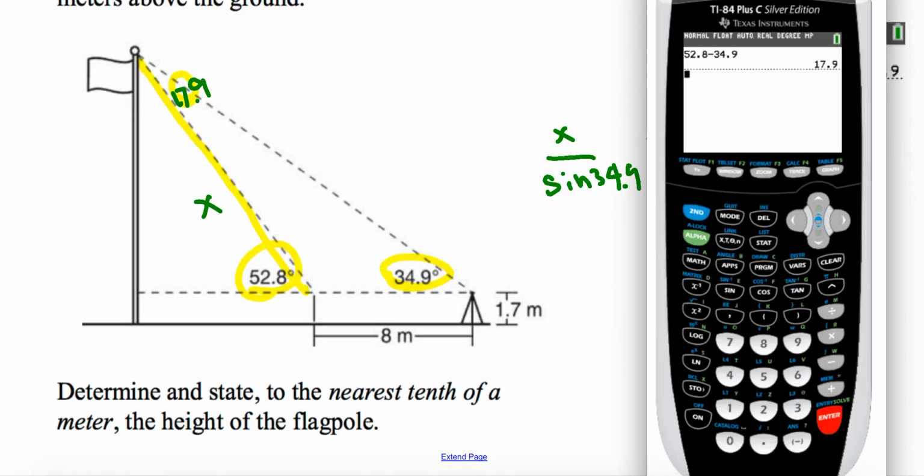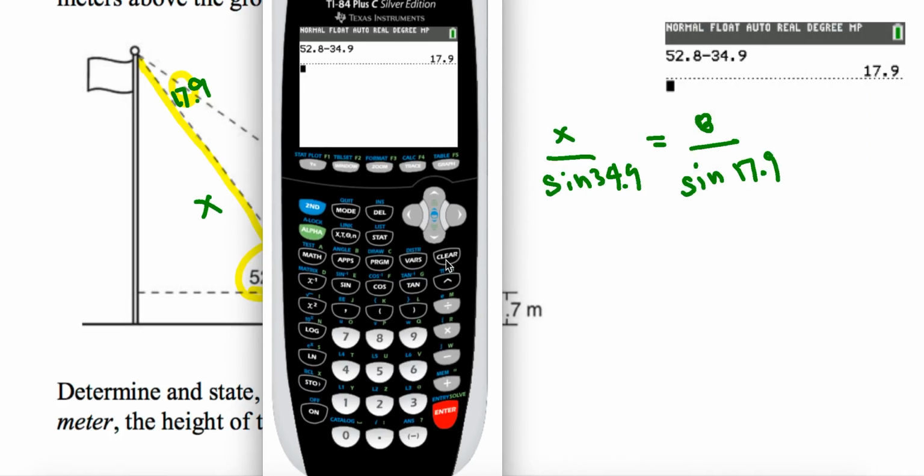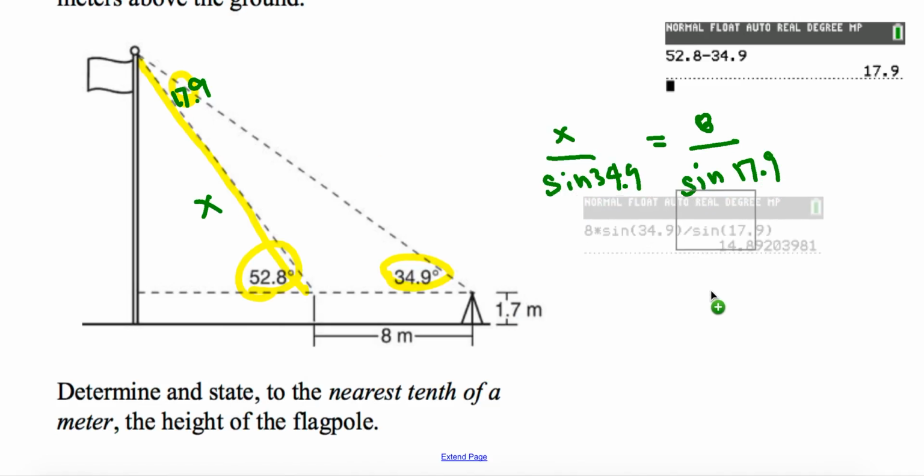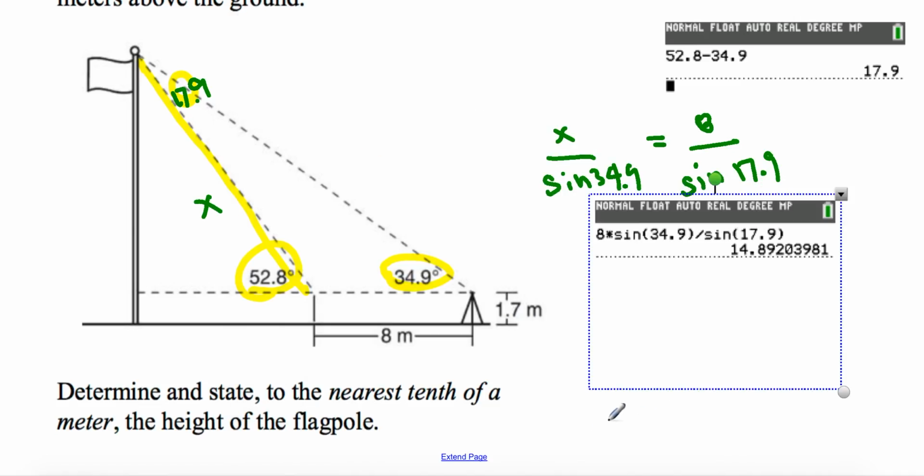Then here we get 8 times sine of 34.9, divided by sine of 17.9. All right, so we realize that that was equal to 14.892.